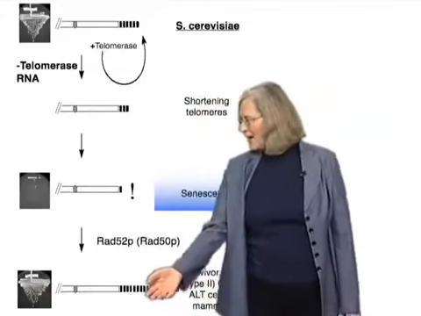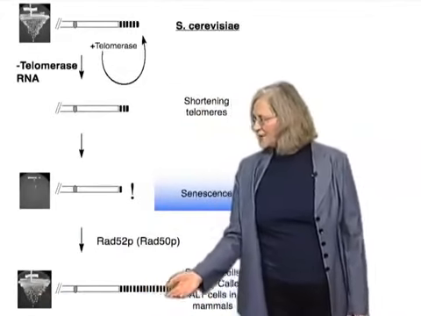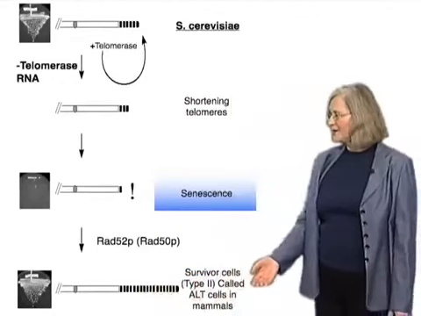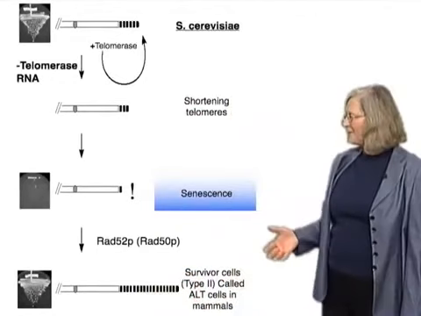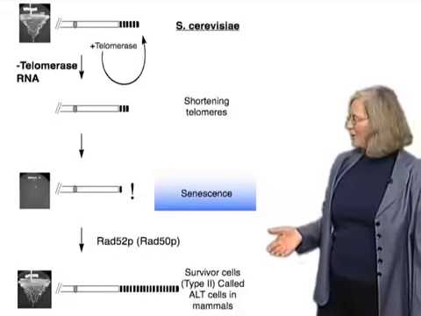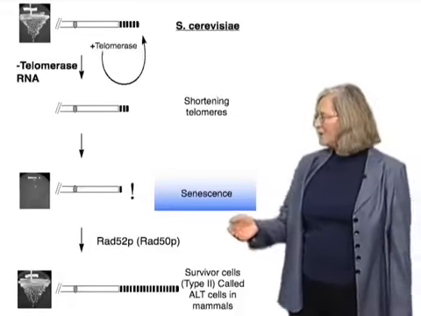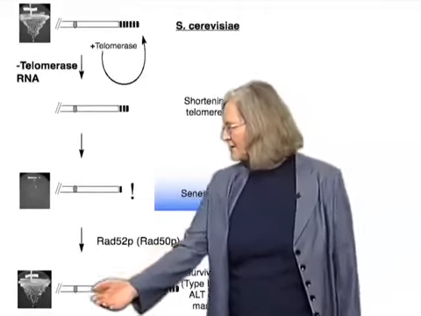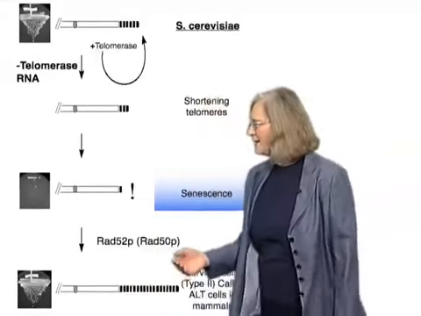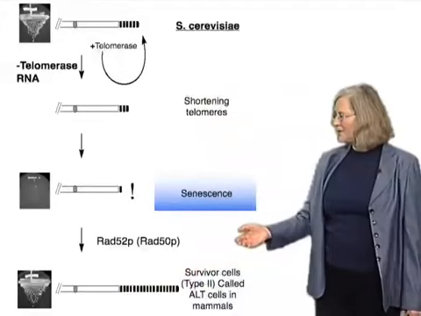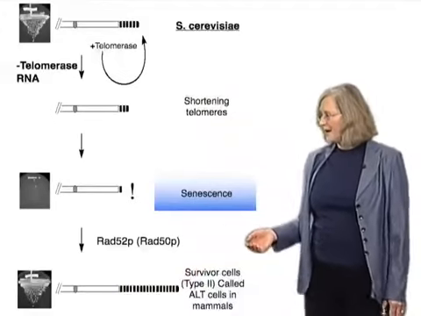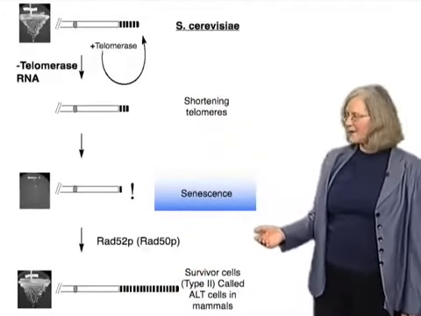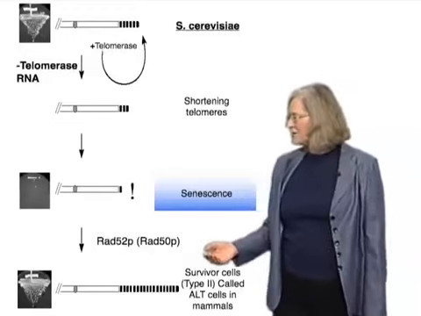These cells now have very heterogeneous and long telomeres. I'll show you these in a more graphical form in a moment. A gene required for such survivors, as we call them, to appear, is the gene RAD52. For at least one of these pathways, the RAD50 gene is also required.